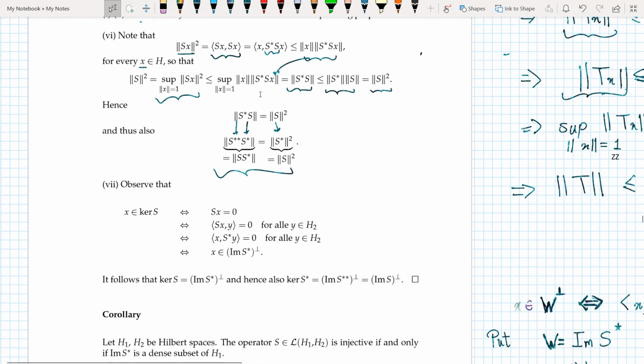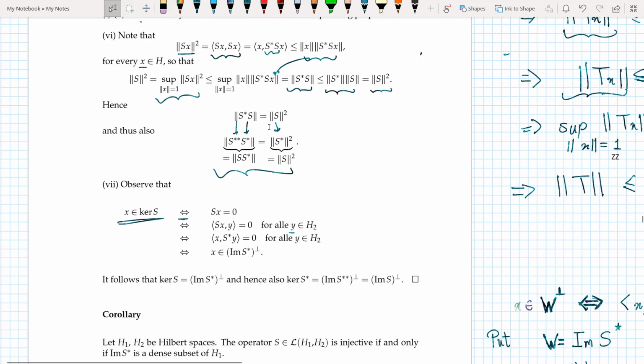So now I start like this. Let x belong to the kernel of S if and only if S of x equals 0, as we discussed. Now if S of x is equal to 0, then the inner product of S of x with y would be equal to 0 for every y belonging to H2.